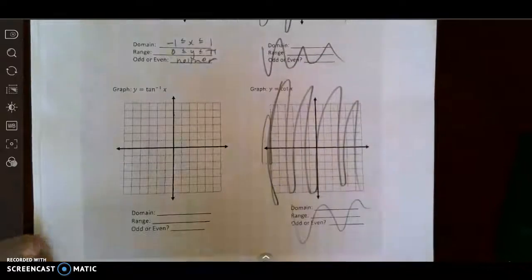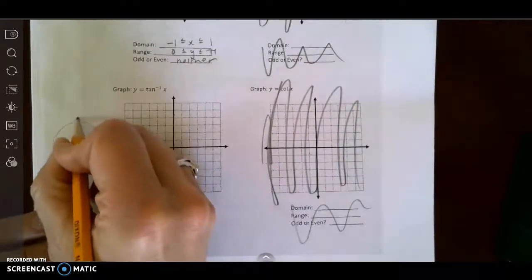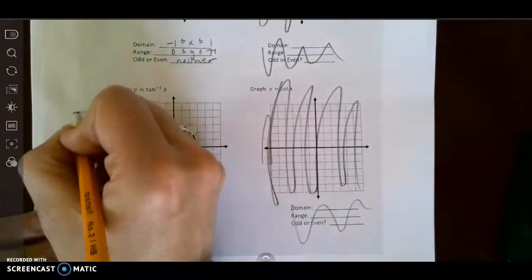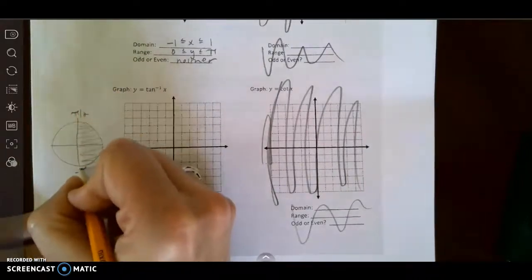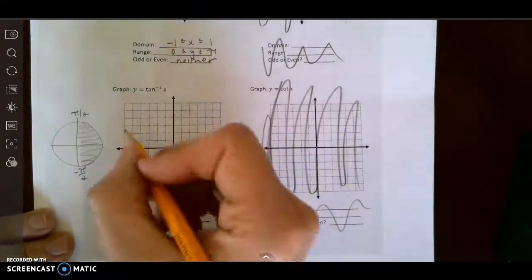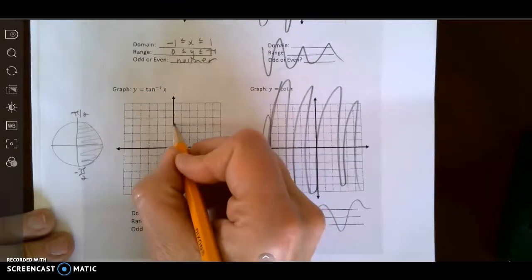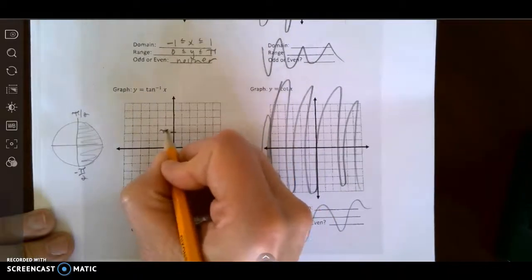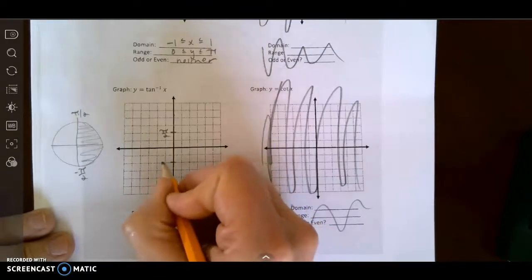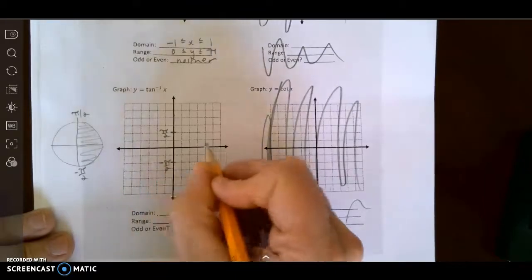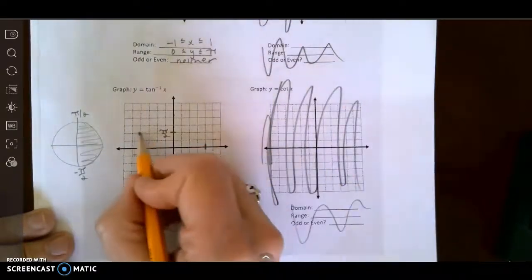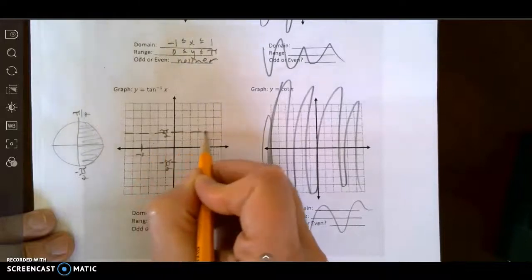Tangent. Remember with tangent, inverse tangent, I should say, only looking at this side. And we're calling this negative pi over 2 to pi over 2. And I'm going to go ahead and I'll put my pi over 2 here. Normally my pi's are on my x, but because this is the inverse, they're on my y. And I've got my asymptotes at my pi over 2's.